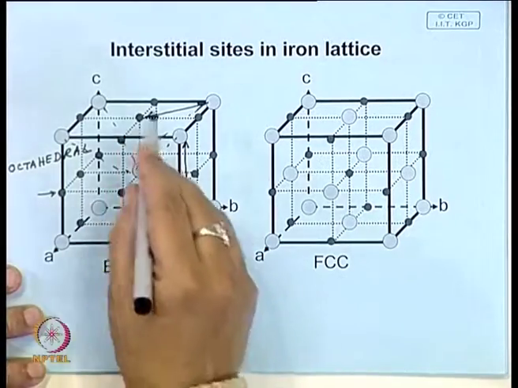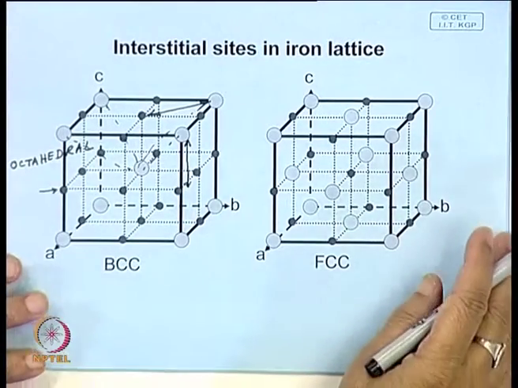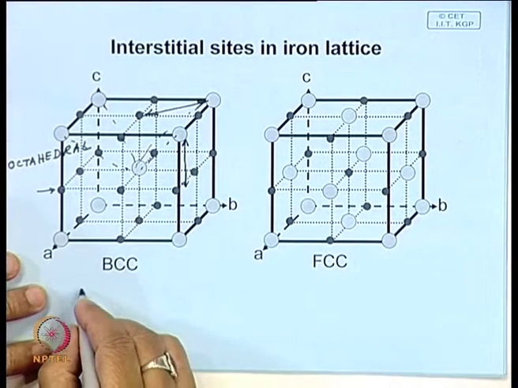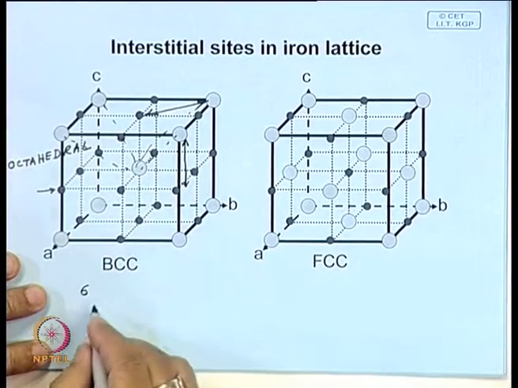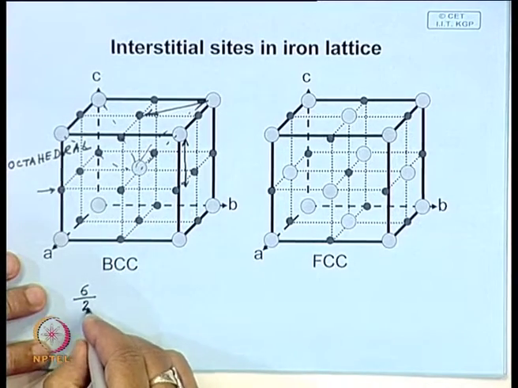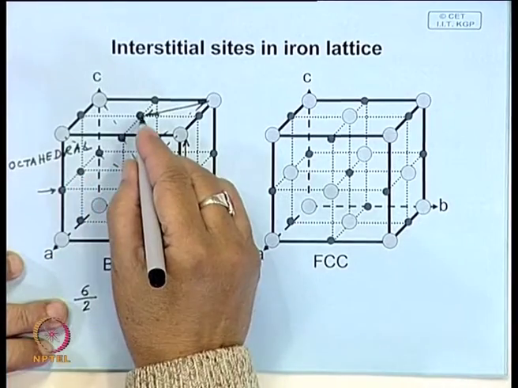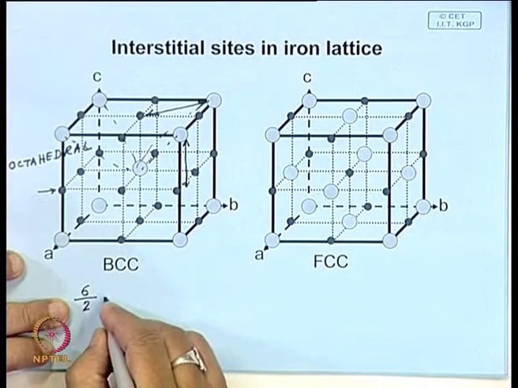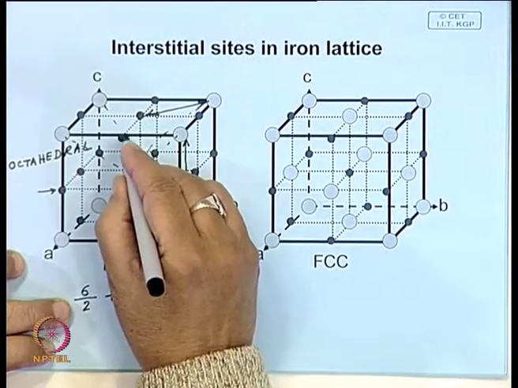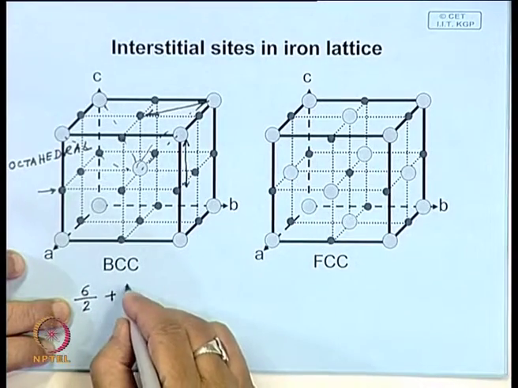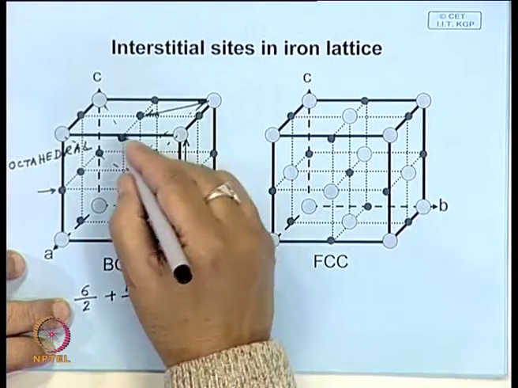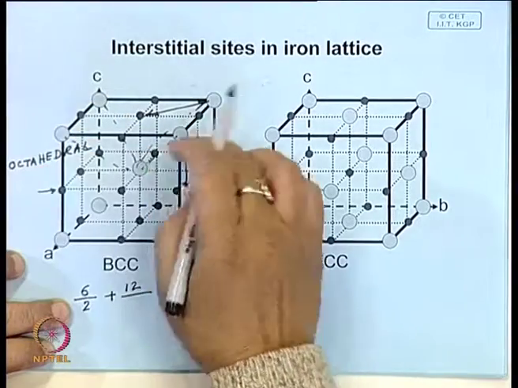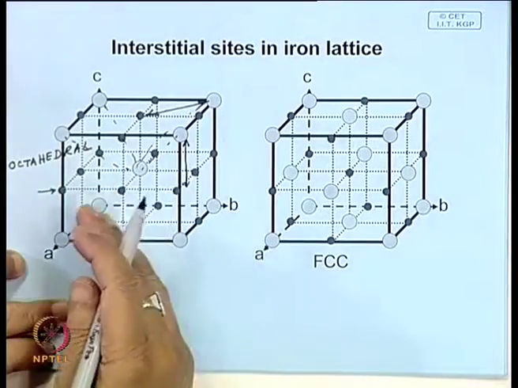And here if you count the number of sites, you will find that you have 6 faces. So, each face is shared by 2 unit cells. So, the contribution of the face centers is 6 over 2, and then you also have 12 edges, but along each edge you can have 4 such unit cells.